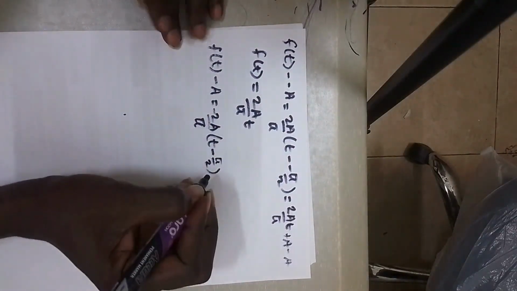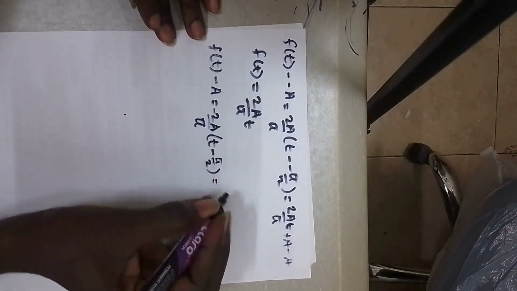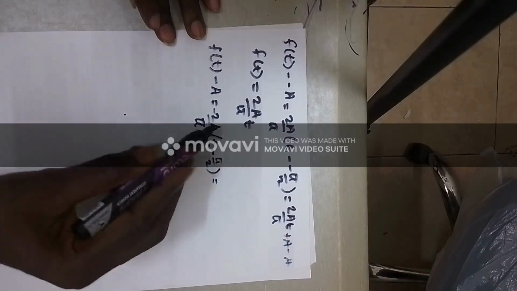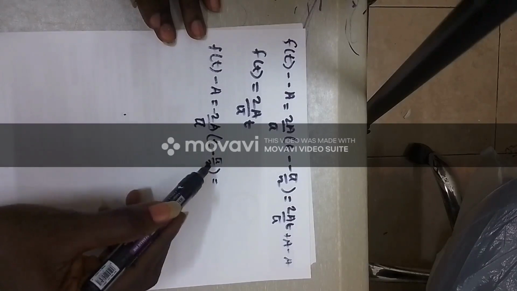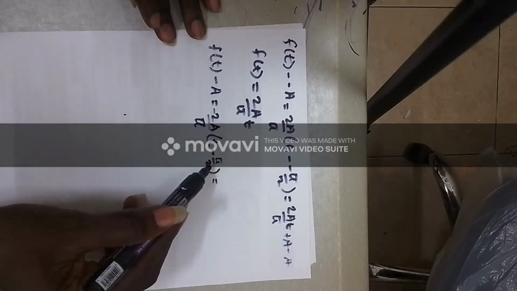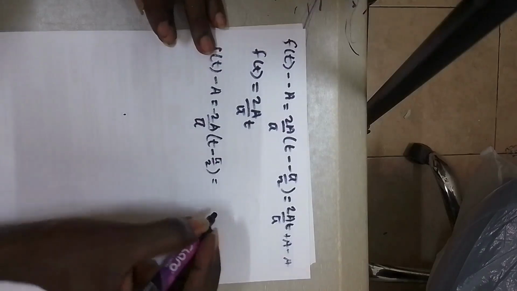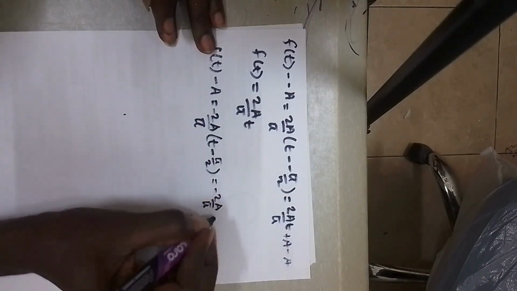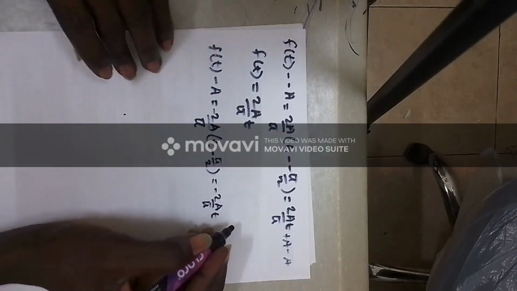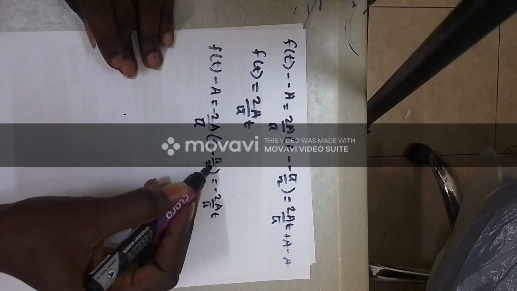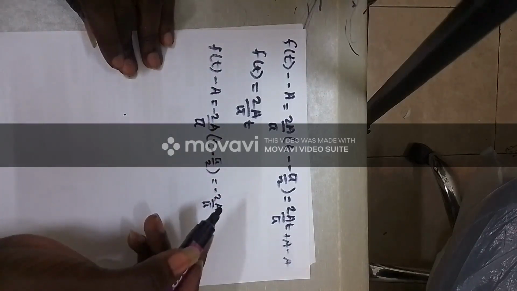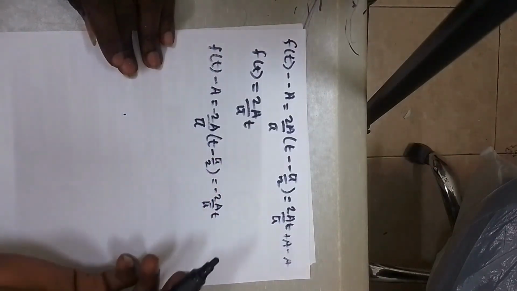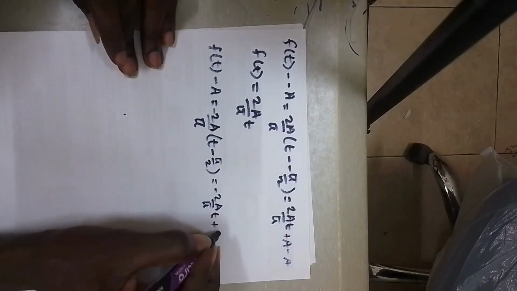Minus pi on 2. Okay, so now if I do this one, this one will multiply this one, this one will cancel this one, this one will cancel this one. So I'll have minus 2a over pi into t. And then negative will be positive, so I'm going to have plus a.